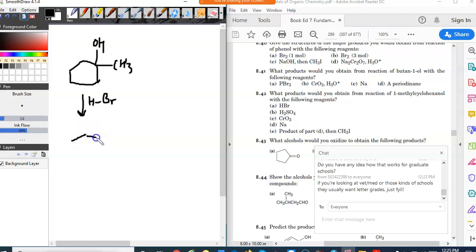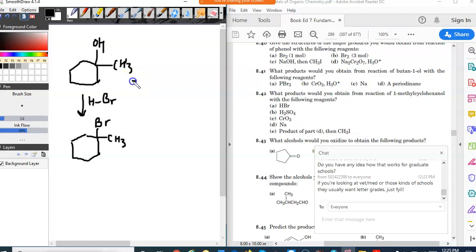So this is a way to turn an alcohol into an alkyl halide. So that would be your product. And we did go over that mechanism in chapter 7, the alkyl halide chapter.